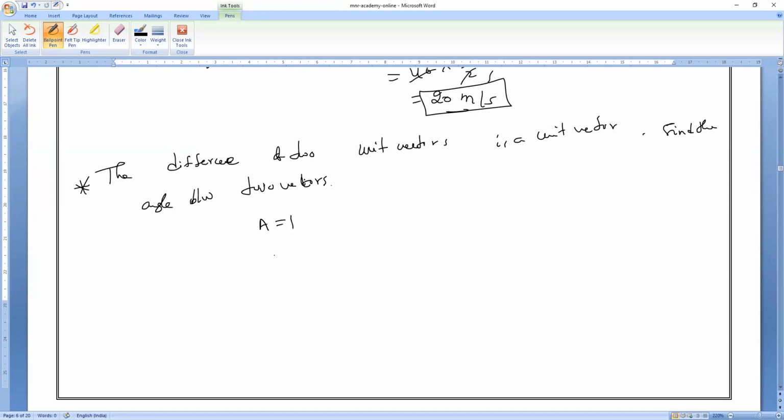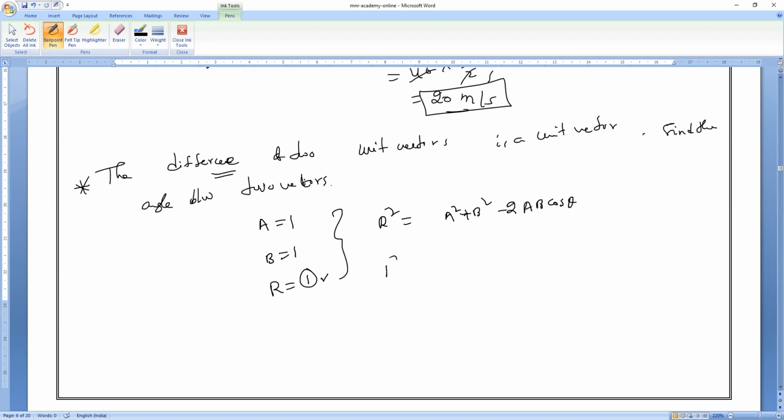One is A equal to 1, B equal to 1. And the difference between them also how much? The resultant is also 1. So they have given the difference, which means the change in velocity only. So what formula will we apply? R square is equal to A square plus B square minus 2AB cos theta.